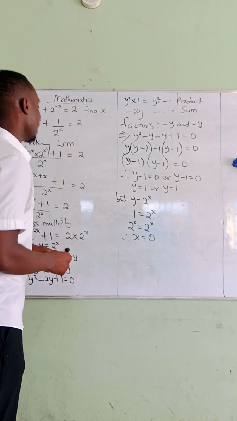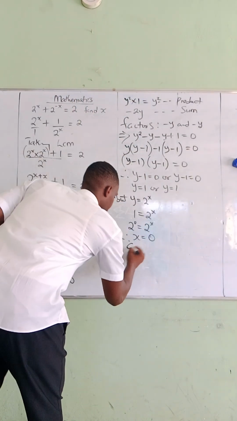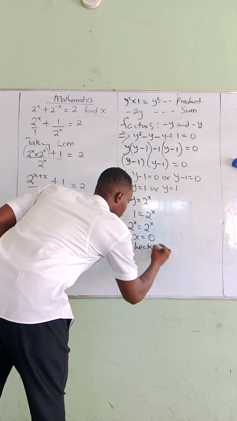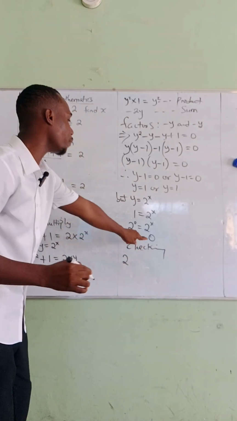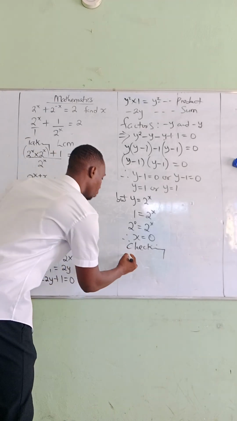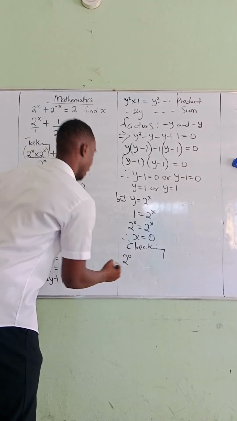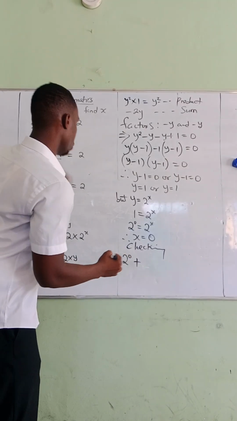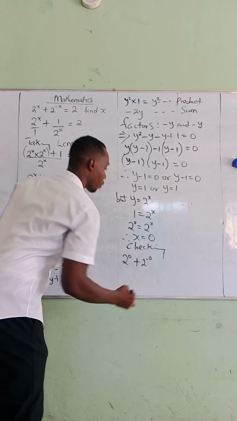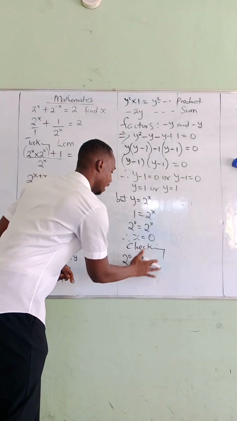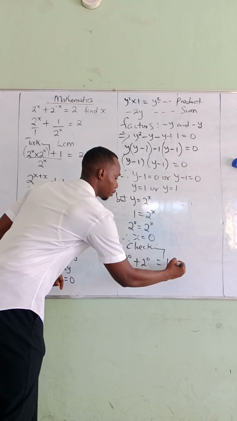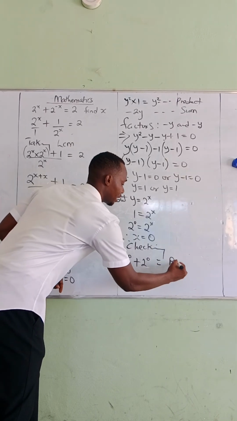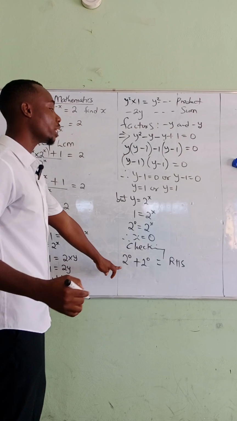If you are done with this, we can simply check our answer. So let's check. Now we know that the value of x is 0, so let's replace it. 2 raised to the power of 0 plus 2 raised to the power of minus 0. Minus 0 still gives us 0. The left hand side is 2 raised to the power of 0 plus 2 raised to the power of 0.